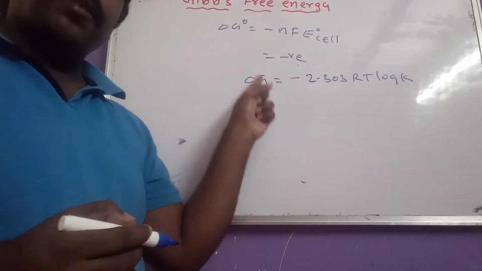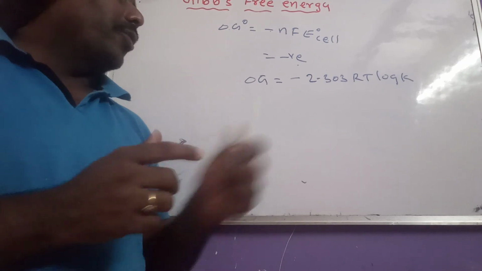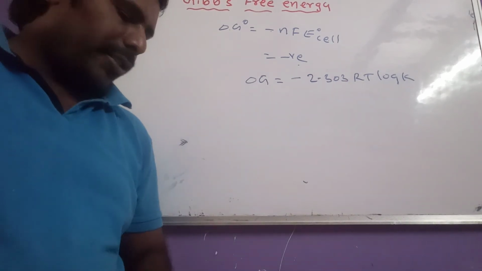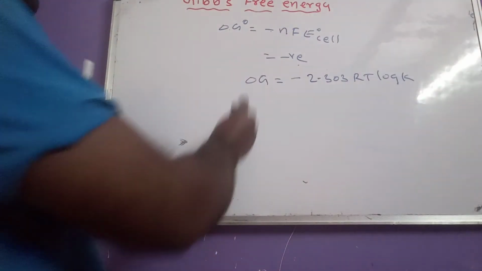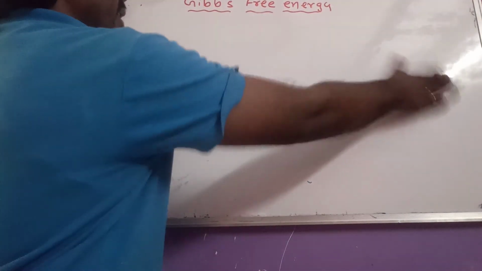We determine the change in Gibbs free energy by using this formula, minus 2.303 RT log K. This is regarding free energy change.